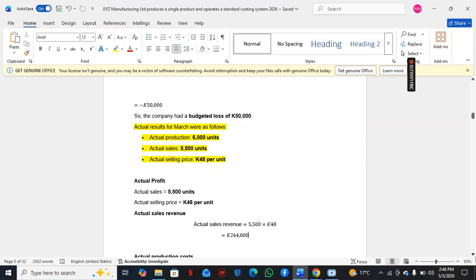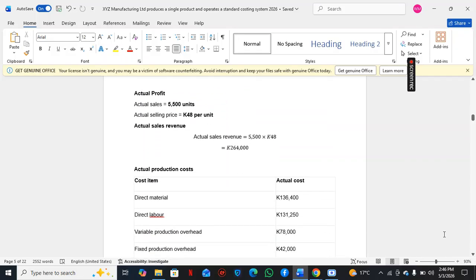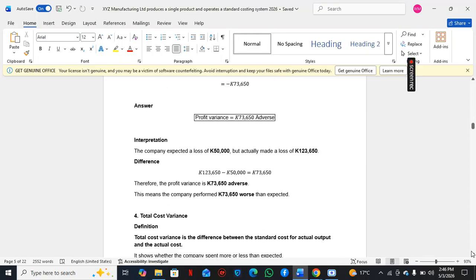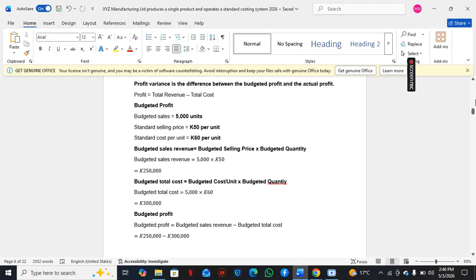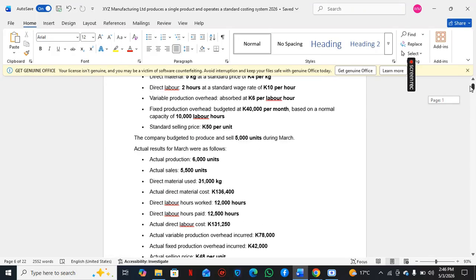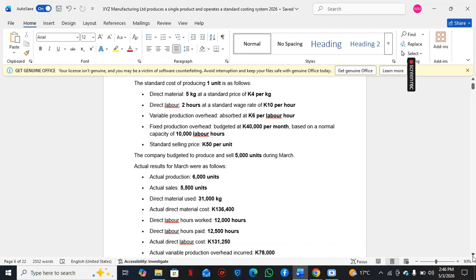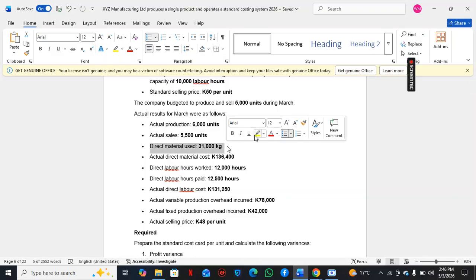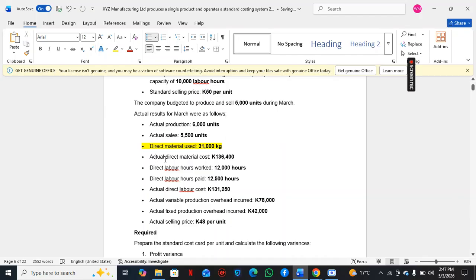Now we need to get our actual cost so that we can get the profit. So we need to tabulate our total costs, again from this information here, the actual costs that we incurred. For direct materials, 31,000 kg, oh, this is the units used, so that's not a cost.